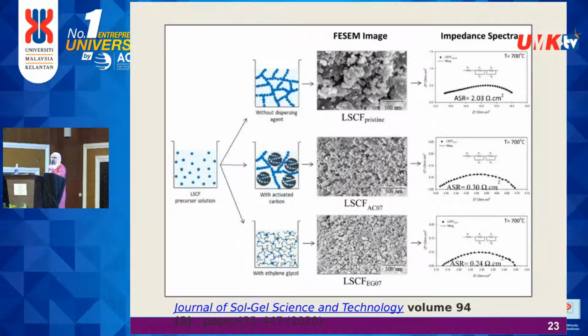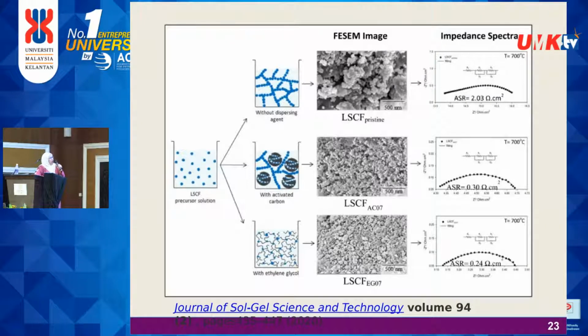And we also use impedance analysis to study what happens to the characteristics of the cathode if we use activated carbon and ethylene glycol. So we compare with the material without dispersing agent.